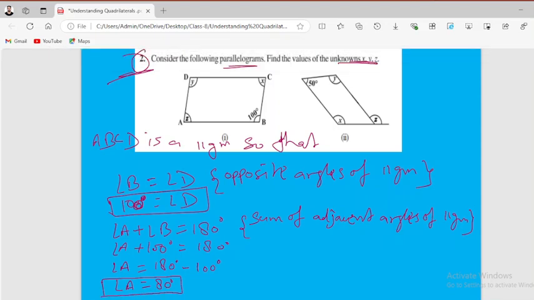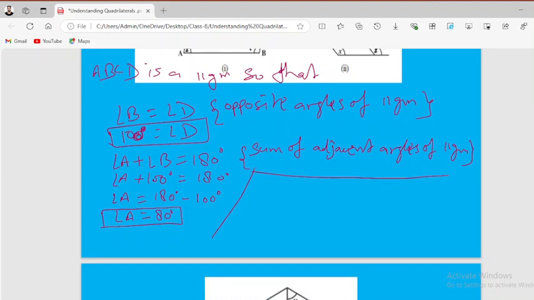In the same way, angle C is equal to angle A, because of opposite angles of a parallelogram.